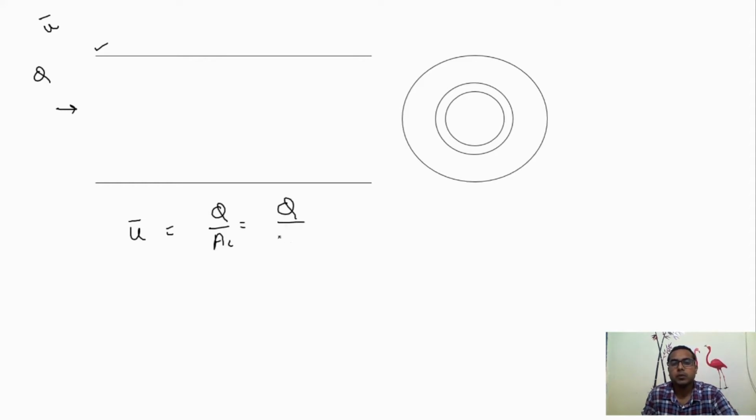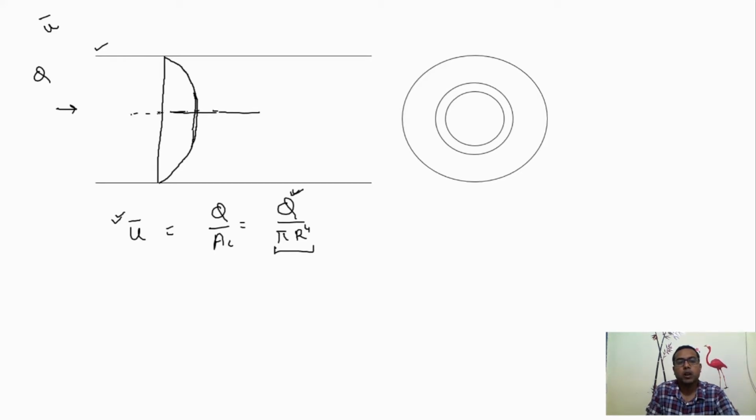So in this case, Q divided by pi r square will give us U bar, and we have to calculate that discharge Q. So for calculating discharge, as we know, this is the pipe, and this would be the velocity distribution, and the value of u is maximum here.